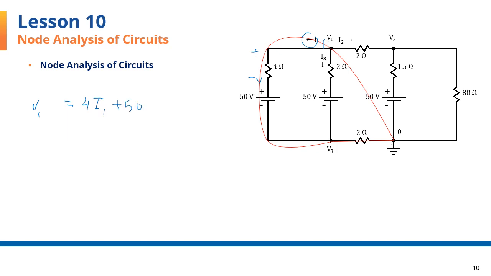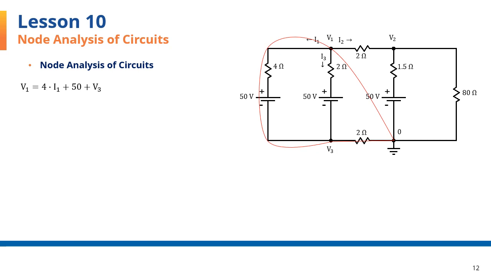And finally I'll go through V3 before reaching the reference node. Passing V3, V3 represents a voltage drop of this magnitude, so V3 goes on the right hand side. I'll show that on the next slide as printed out.